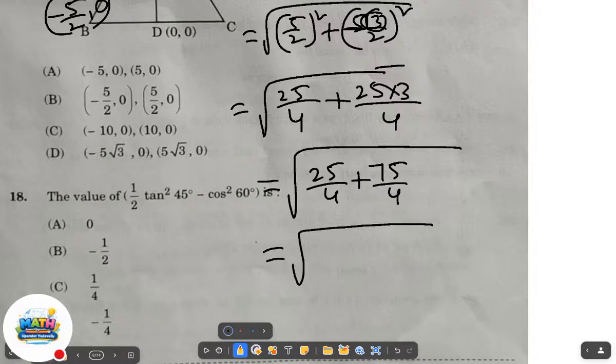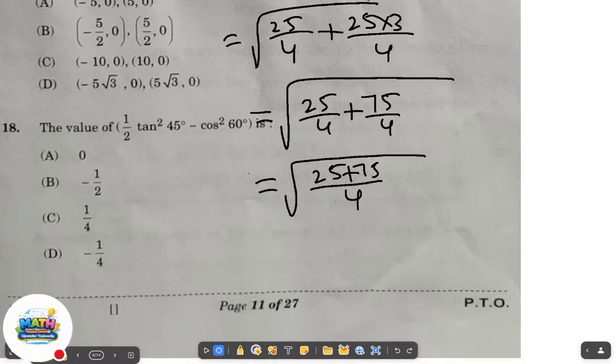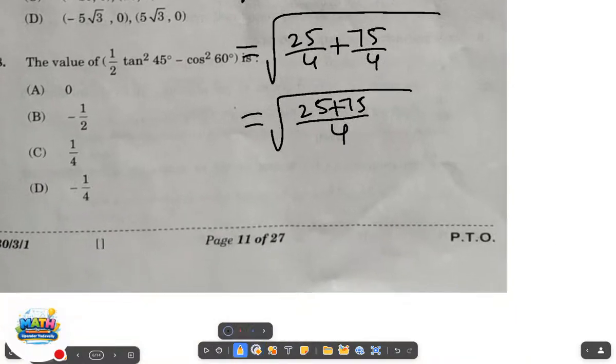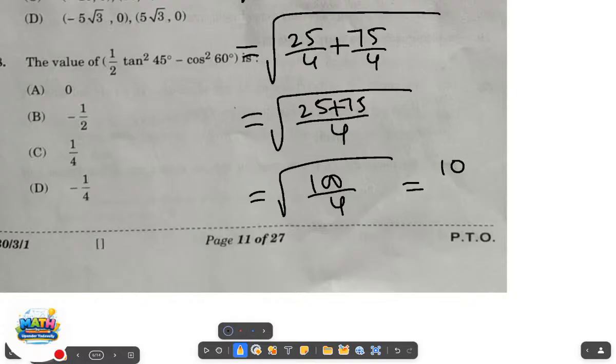Adding 25 plus 75 gives 100 by 4. So 100 comes out as 10 and 4 comes out as 2, which is 5. So the distance between A and B is also 5.